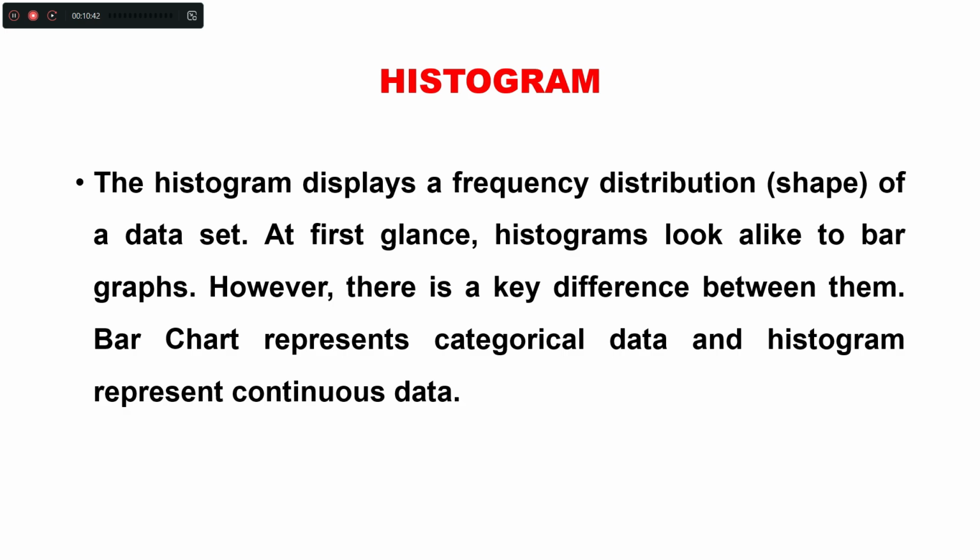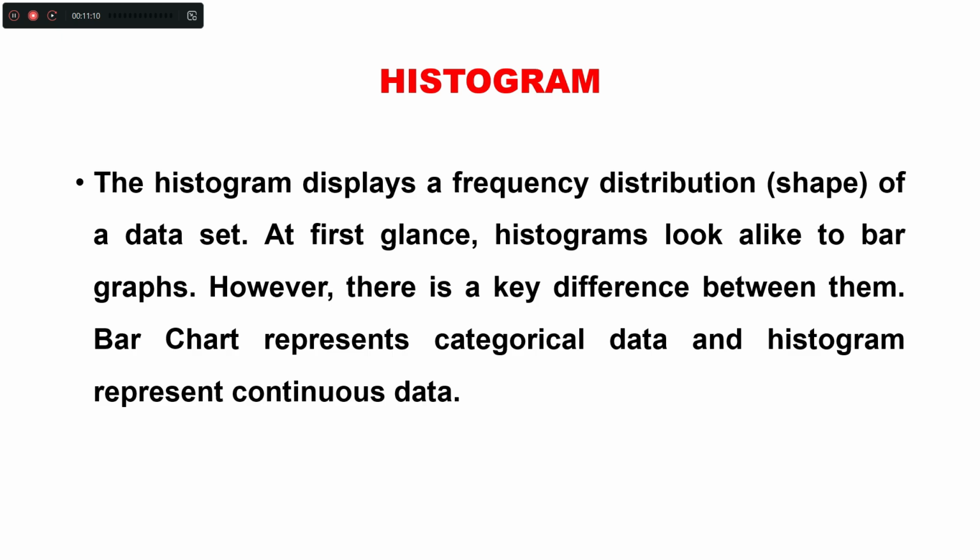At first glance, a histogram looks like a bar graph. It looks similar to the bar graph, but there is a key difference between the bar graph and histogram. Bar graph is mainly used for categorical data, and histogram is commonly used for continuous data. And another important thing, the histogram looks continuous.